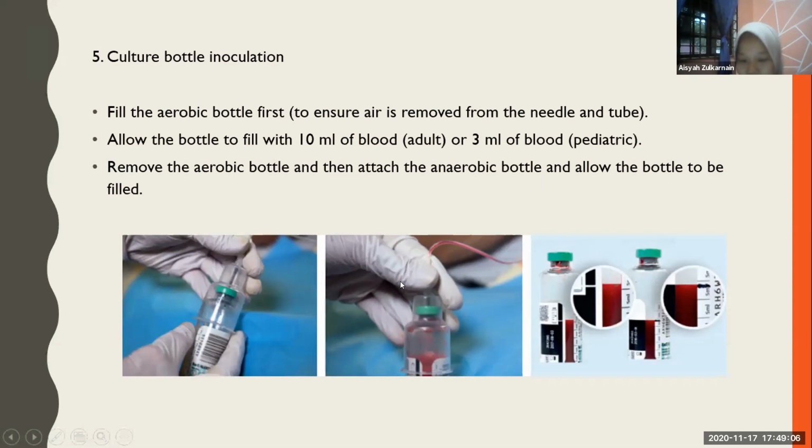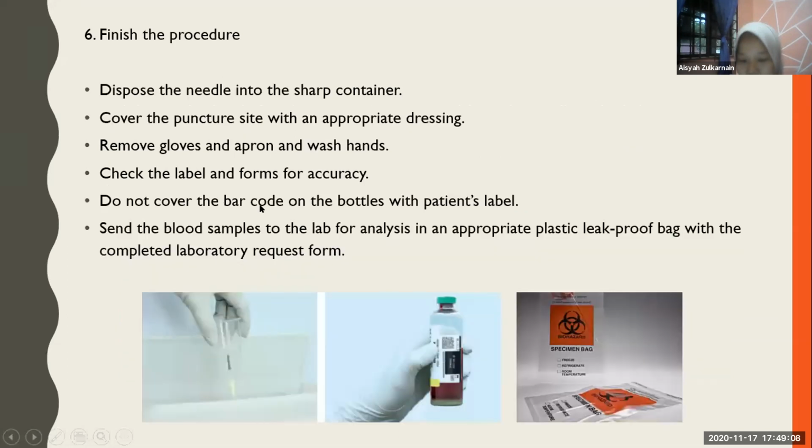So after we have done with the procedure, we need to dispose the needle into the sharp container, and then we will cover the puncture site with an appropriate dressing, for example cotton wool or gauze. And then after that we will remove glove and apron, and then we will wash our hands.